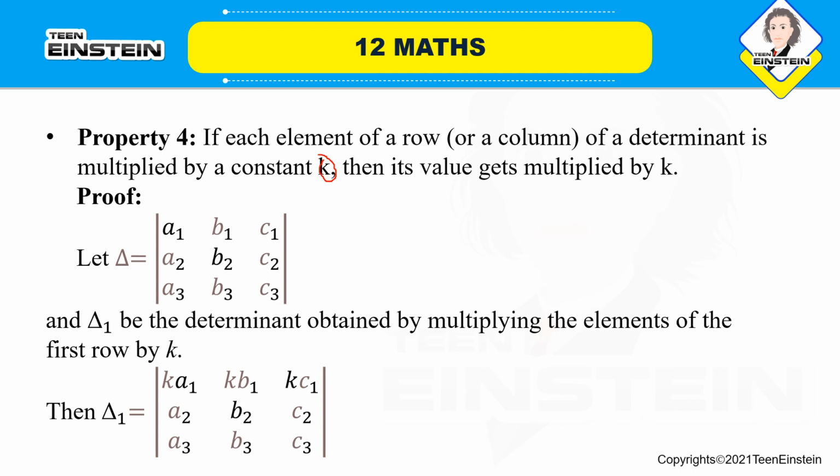Let delta be equal to the determinant with rows A1 B1 C1, A2 B2 C2, A3 B3 C3. We consider this determinant of order 3.